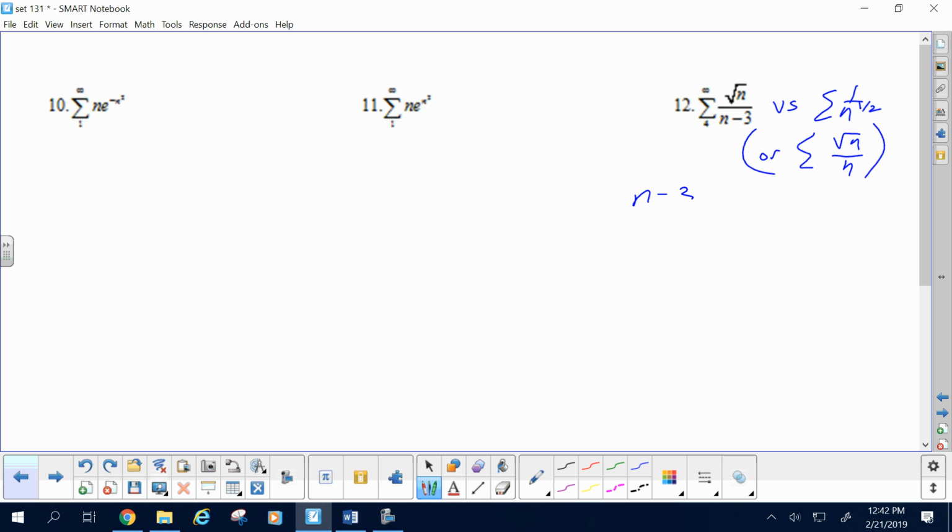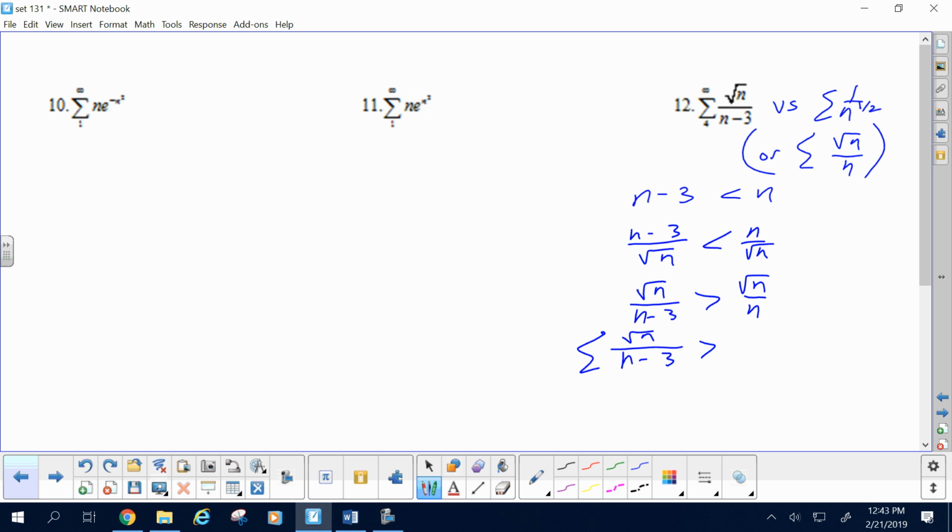First of all, I think you'll agree that n minus 3 is less than n. And n minus 3 over root n is still less than that. And the reciprocal is greater than that. And the sum is still greater than the sum. And this, by the way, is 1 over n to the half.